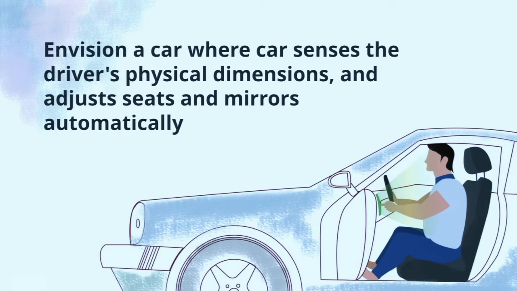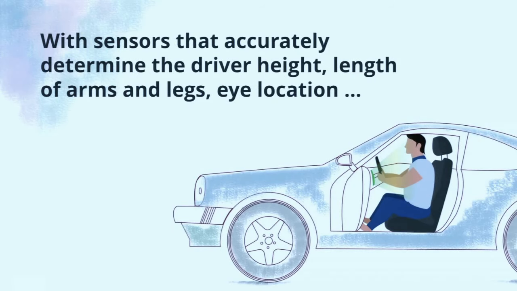These days cars come with all kinds of sensors, so you can look at the height of the driver, the limbs, the eye location, and adjust to make it really comfortable. It's possible today. It's not there because it's probably expensive. It may add $500 or so to the price that people may not want to pay, but it should be possible. It's not very hard.